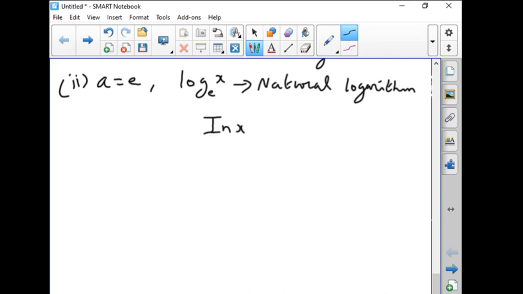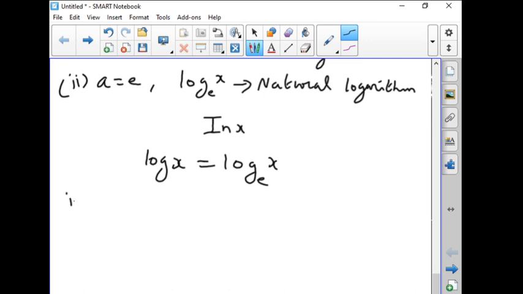So if simply log x is given, it will be the natural logarithm, that is log x to the base e. Remember all this.